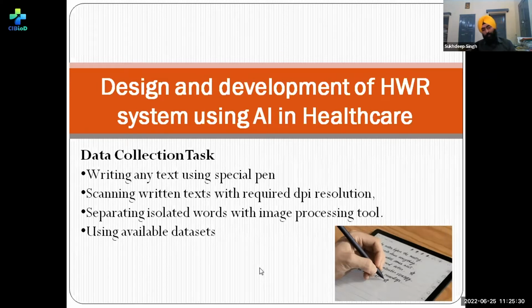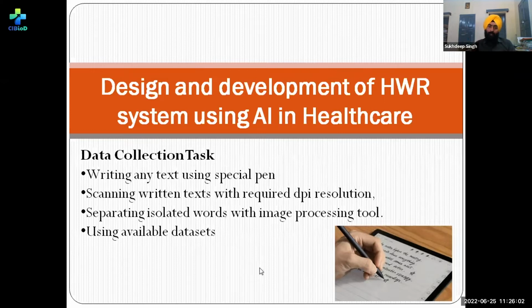When we are collecting data from different writers, we can either use a pen tablet, or we can also use different digital writing boards where the writer can see as well as write their text. But if we are using a pen tablet, we have to see the handwritten text on the screen while we are writing on a different device.